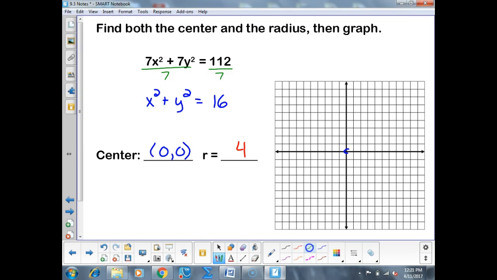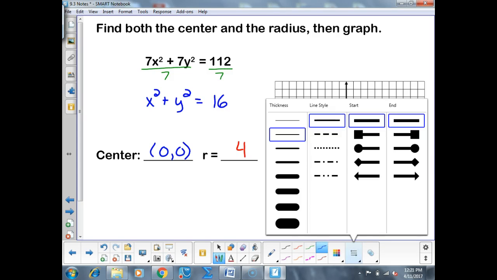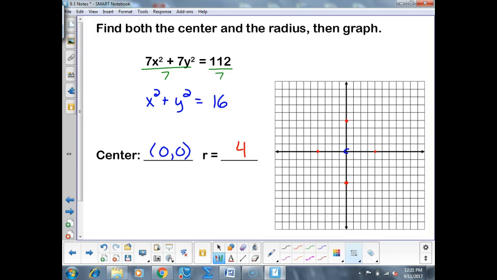So I'm going to go right 4, up 4, left 4, and down 4, giving me a circle that looks like that.